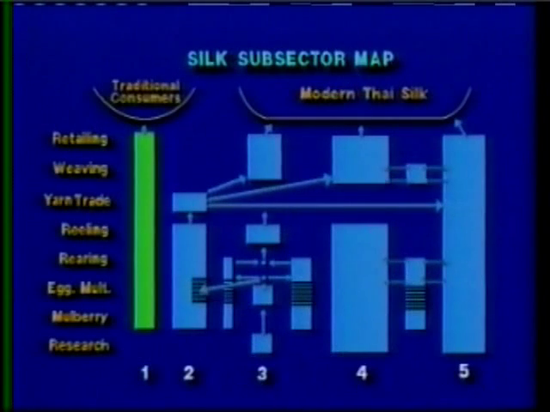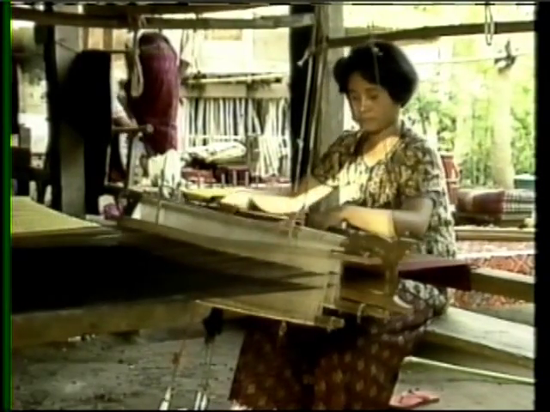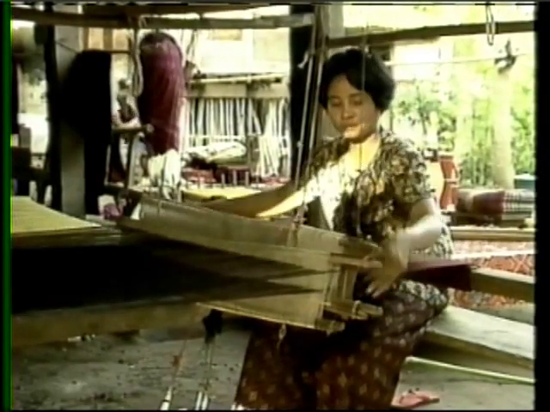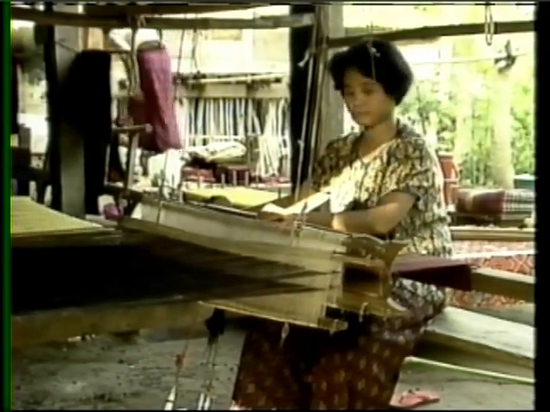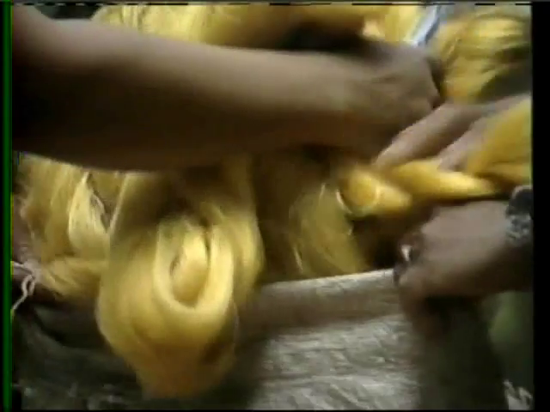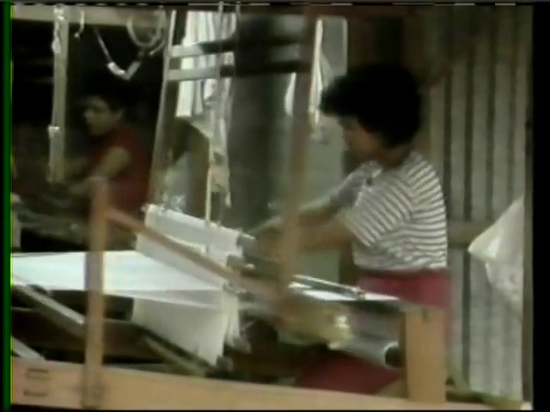For their income to grow, village silk producers must move from Channel 1 to those channels servicing the modern Thai silk market. They have clear incentives to switch from Channel 1 to Channels 2, 3, or 4, and 5, where more productive technology dramatically increases their earnings.